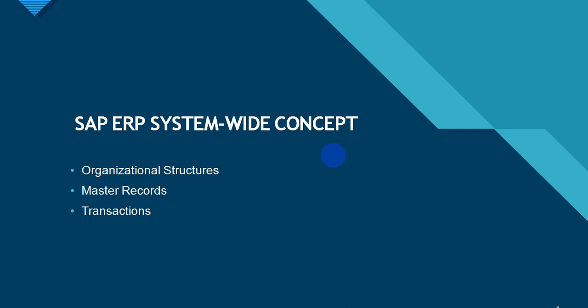So the organizational structure, or you could also call it the enterprise structure, helps to structure your physical business on the SAP ERP. So the way your physical organization is structured, it is also mapped within the SAP ERP that same way.